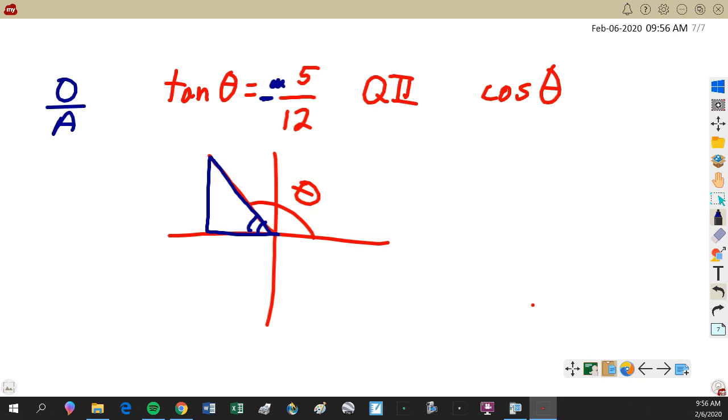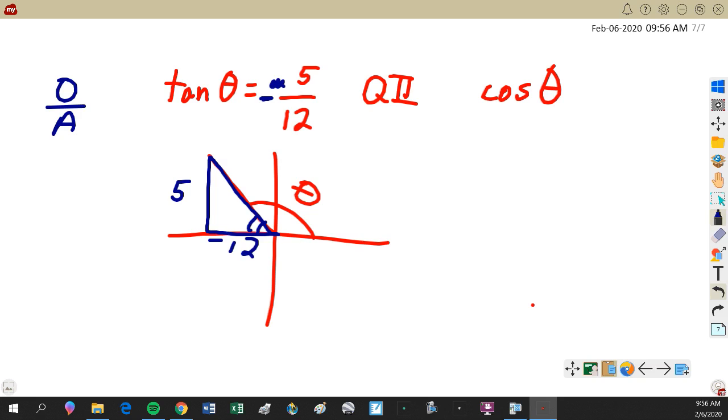So I know that 5 has to be the opposite side, and 12 has to be the adjacent side, but I have to be careful about where I put the negative. The negative has to go on the 12. Why? Because I'm to the left. And in quadrant 2, the x values are negative and the y values are positive.